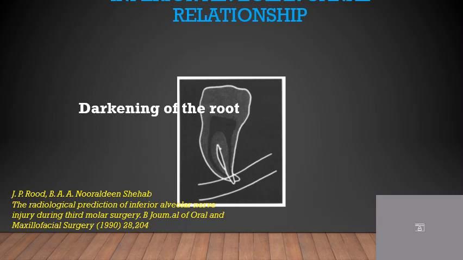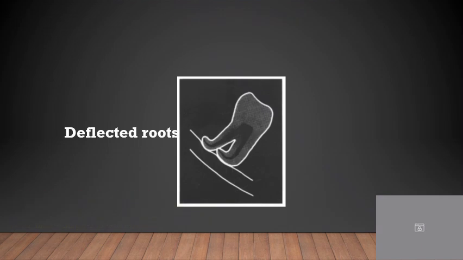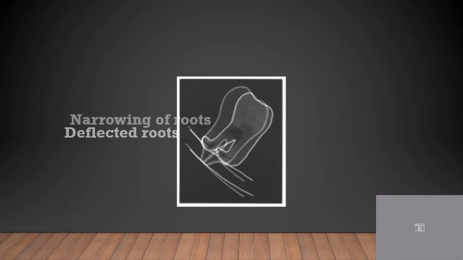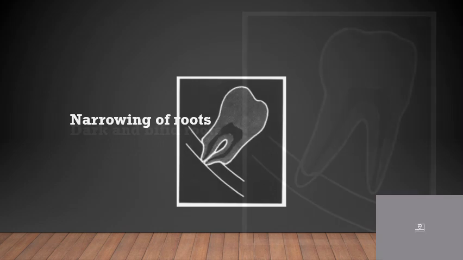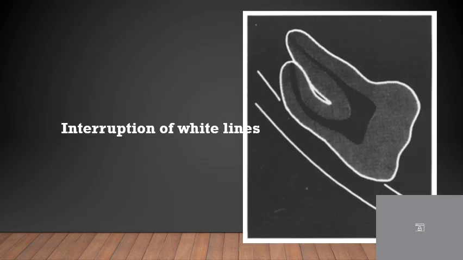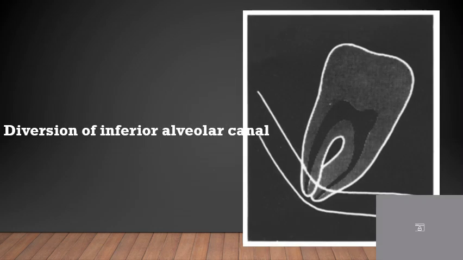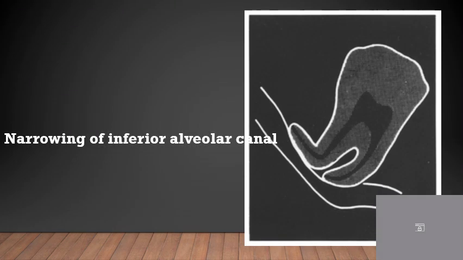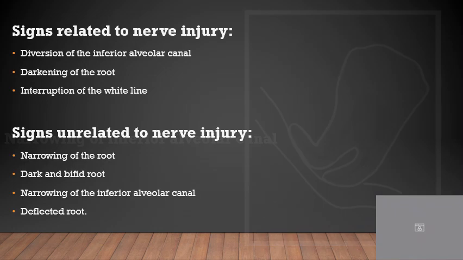So they have given darkening of the root, deflection of the root, narrowing of the root, dark and bifid root apex, interruption of the white line, diversion of the inferior alveolar canal, and narrowing of the inferior alveolar canal. All these are some of the features of the root formation seen on radiographs.